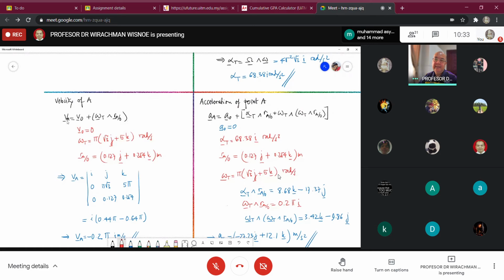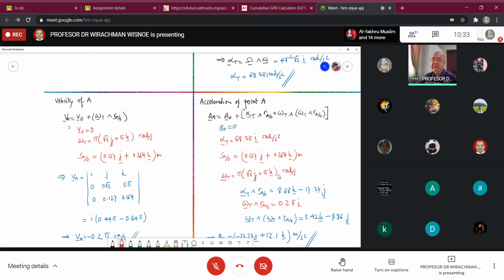Point A, in this case, I calculate with respect to point O. VA equals VO plus omega cross product the position vector.